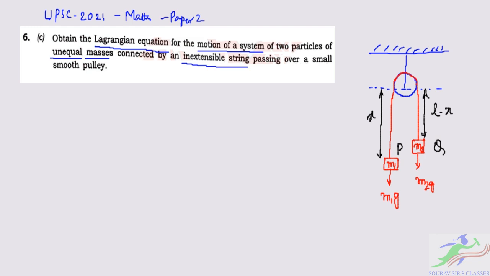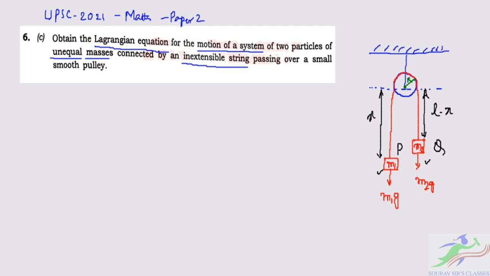So let the system of two particles of unequal masses m1 and m2 be connected by an inextensible string, you can see, passing over a small smooth pulley. So this is the pulley of radius r, and both ends of the string are attached to the masses m1 and m2 respectively.